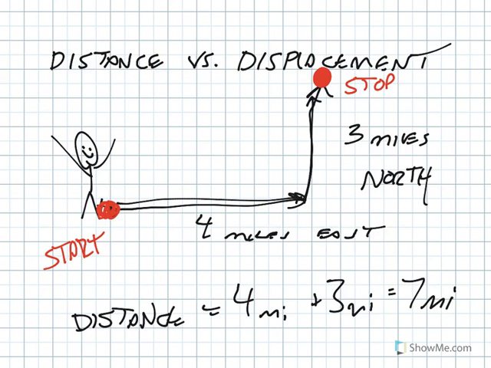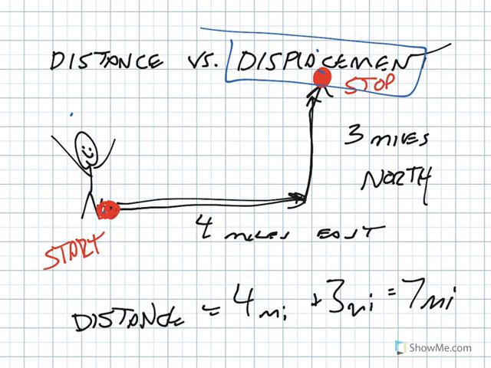Okay, displacement. That's different from distance. It's a little more precise, maybe. It's a different way of describing how you moved. Displacement is the distance between where you stopped and where you started. It's like the straight line, as the crow flies, from where you were to where you are.